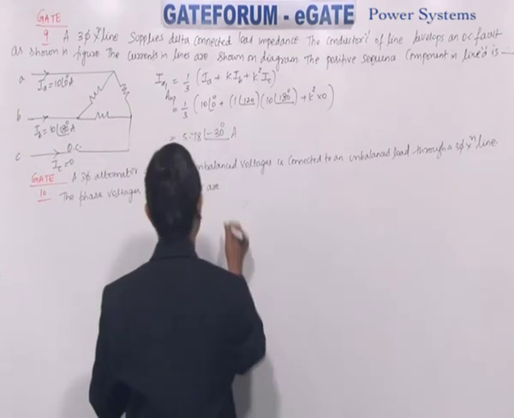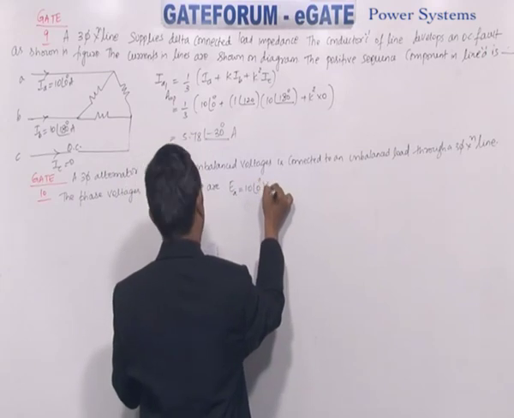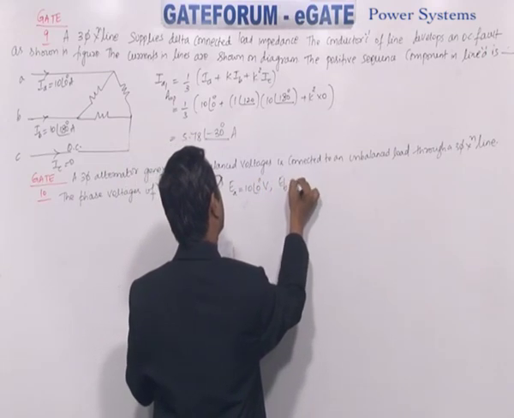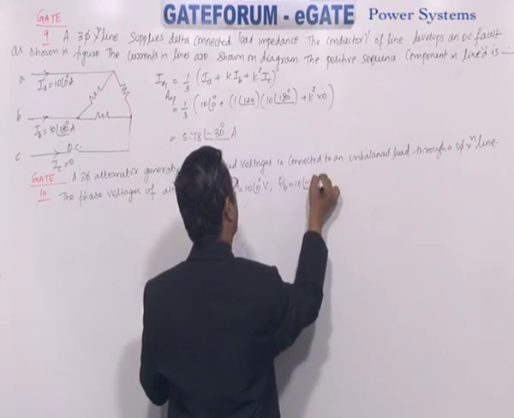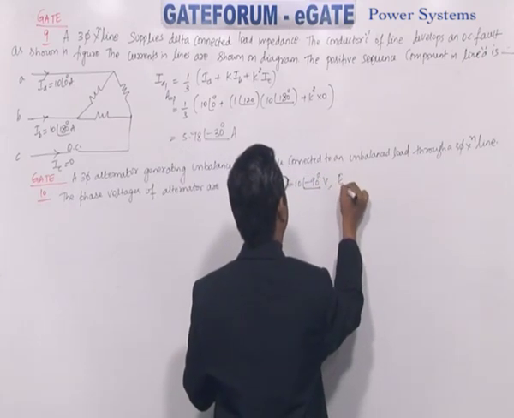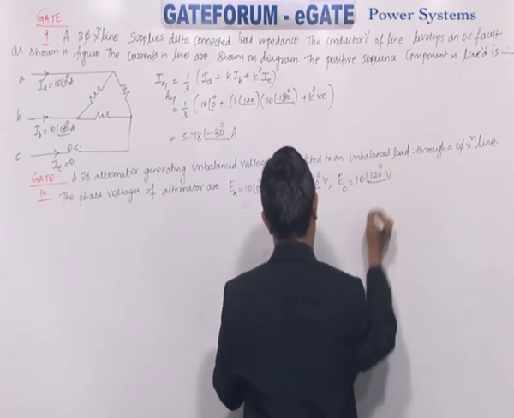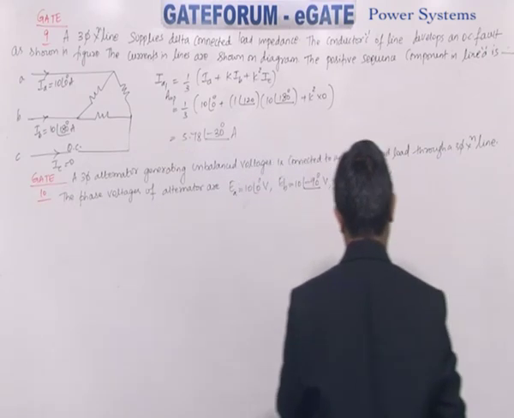The phase voltages of the alternator are EA is 10 at angle 0, EB is 10 at angle minus 90, EC is 10 at angle 120.